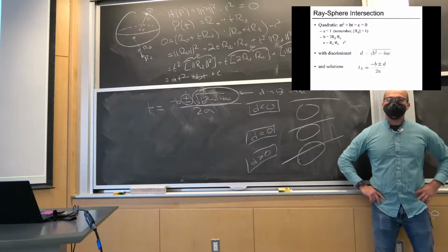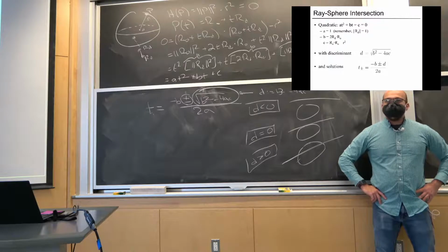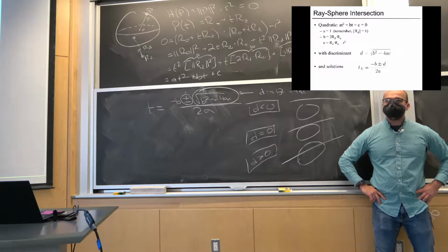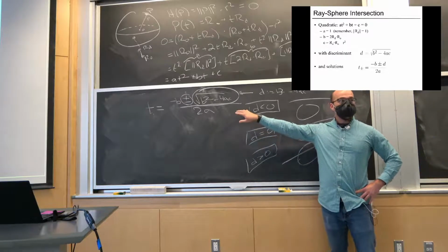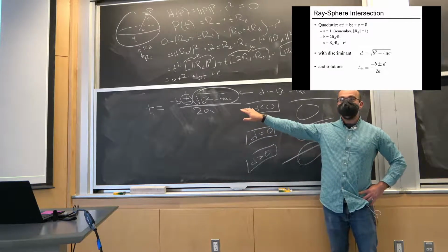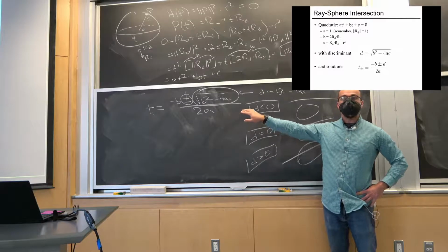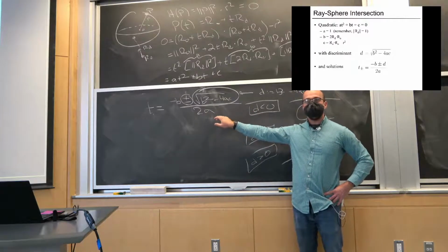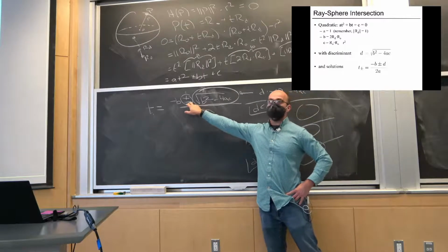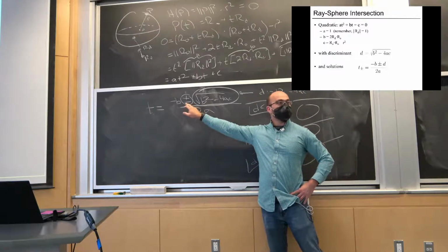So what's our gotcha here? That's right. You get two different values of t, and you want the smaller of the values that is positive. If one of these is -1 and the other is +1, then I should take the positive value. So a mistake in your code would be to just use that minus sign. Does that make sense to everybody?